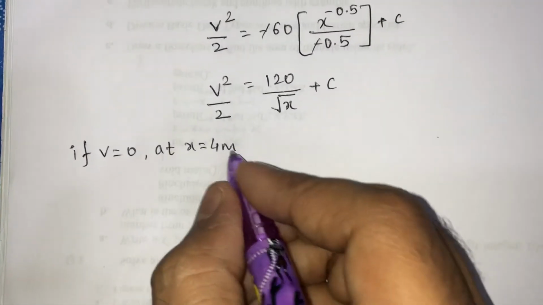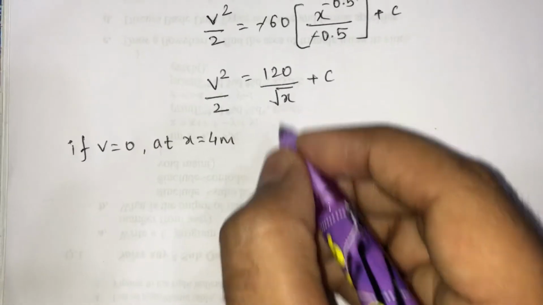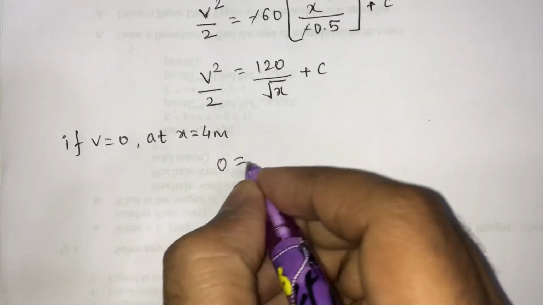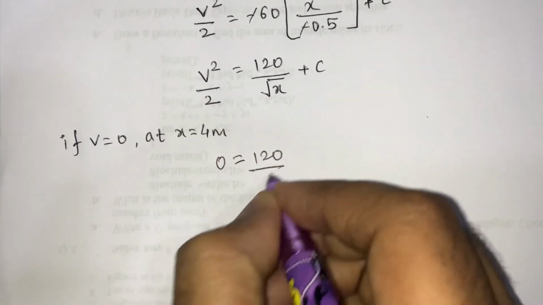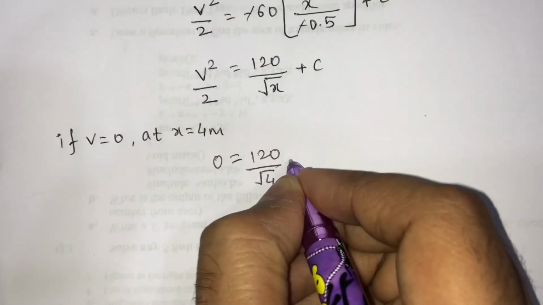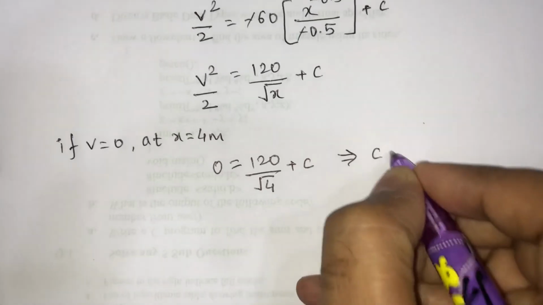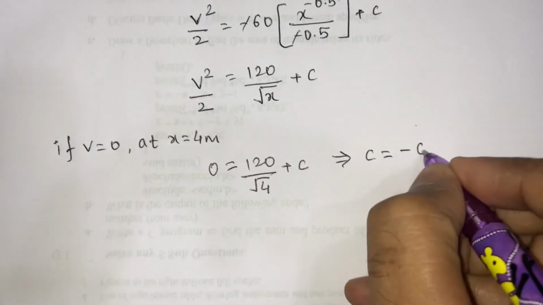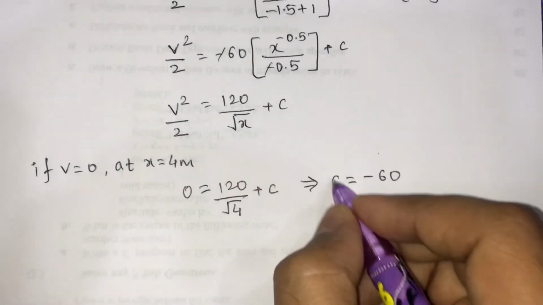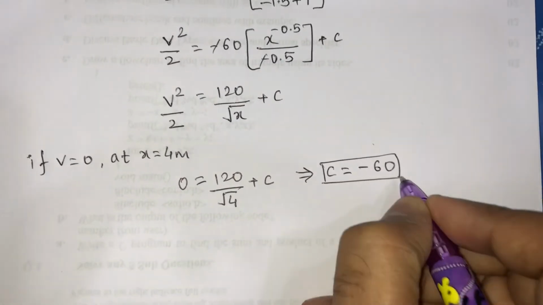If we apply this condition in the above equation, it becomes 0 equals 120 by root 4 plus c, which gives us c equals minus 60. This is the value we'll be getting.